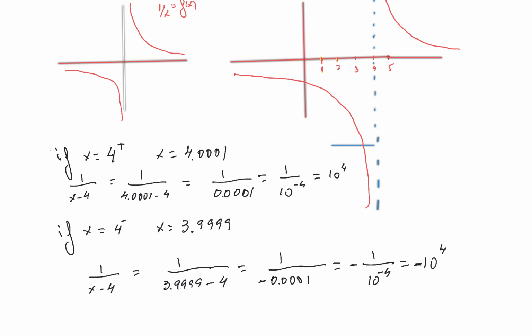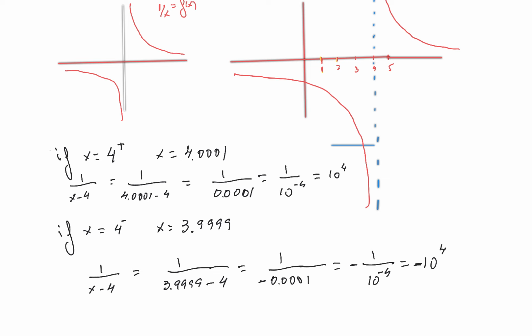So as you get closer to 4 from the left, the function takes values that are going down, going to minus infinity.